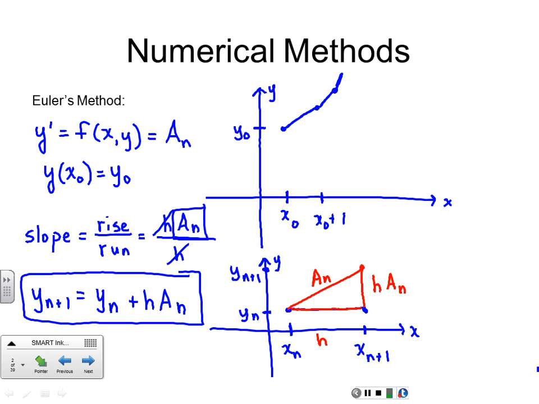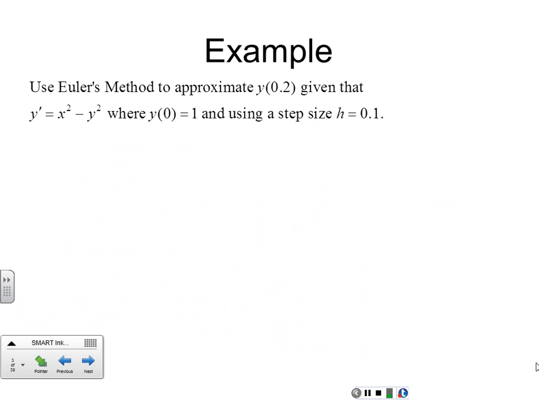Let's do a problem. And I want to write that Euler's method rule down again to help me remember it as I go here. Y sub n plus 1 is equal to y sub n plus h times A sub n. That's the rule we're going to use. So here's a problem.